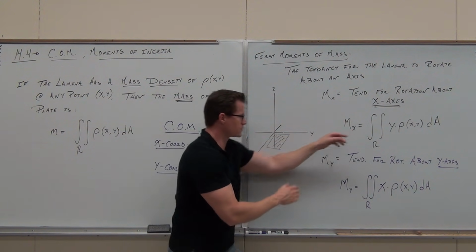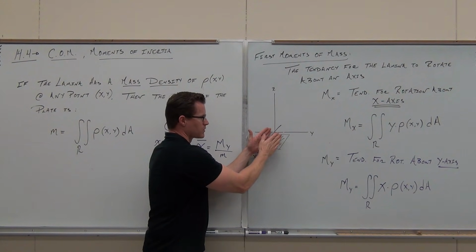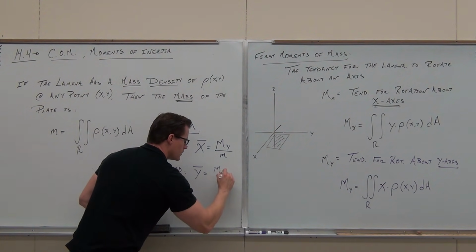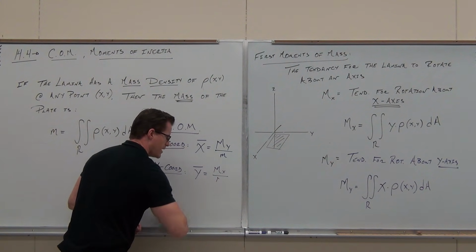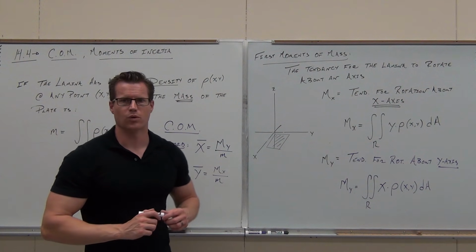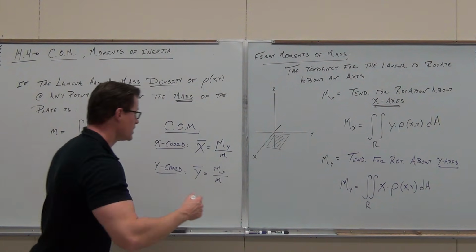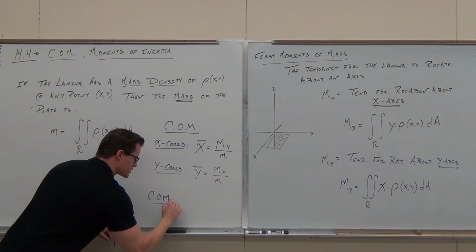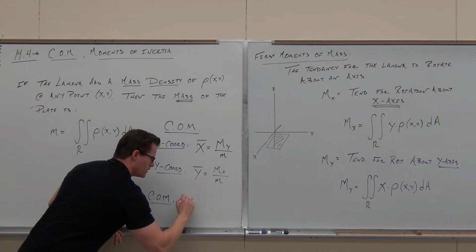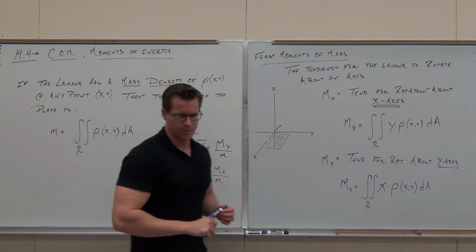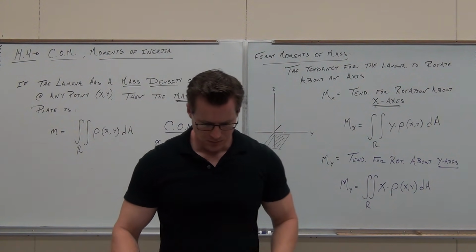So if I take this, which is a y measurement along the y to rotate about the x-axis, and divide by the mass, that would give me the y-coordinate of the center of mass. If I want to find the center of mass itself, it's just a point. Take the x-coordinate, take the y-coordinate, we find the center of mass.